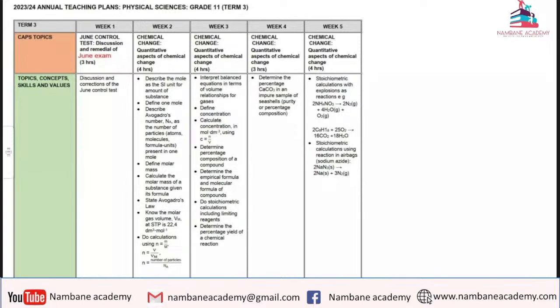It feeds from grade 10, so we'll start with the basics and eventually get into the critical things of grade 11. But the only new thing in grade 11 will be the introduction of a limiting reactant.